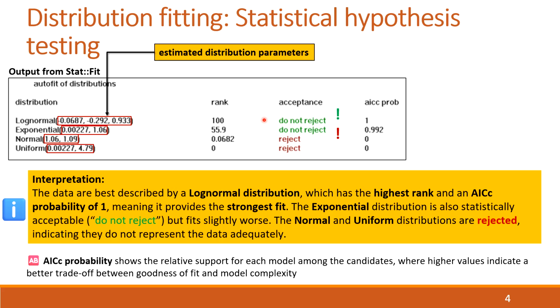So to be a bit formal, StatFit provides us two additional columns, rank and AICc probability, which can be utilized for decision making.